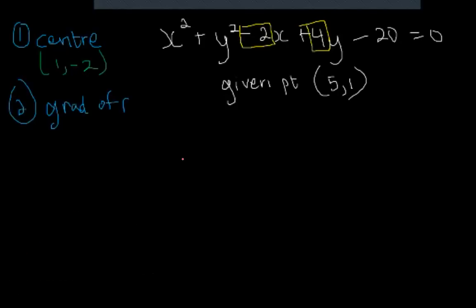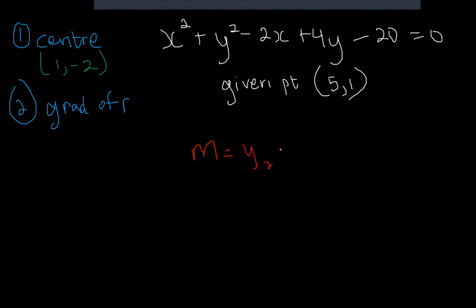Anybody could tell me what's the formula for the gradient? y2 minus y1 over x2 minus x1. But some people don't learn like this.